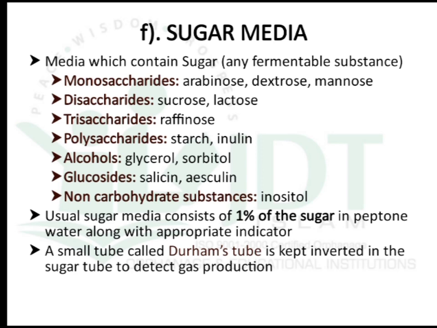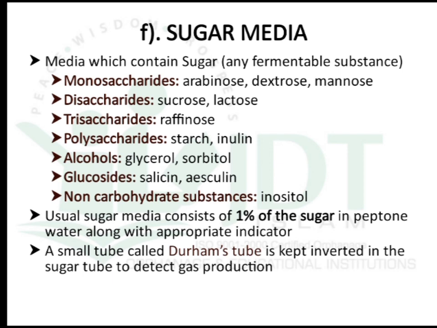So the next one is sugar media, the media which contains sugars, which are fermentable substances. They contain either monosaccharides like arabinose, dextrose, mannose, or disaccharides like sucrose, lactose, trisaccharides like raffinose, polysaccharides like starch, inulin, then alcohols like glycerol or sorbitol.